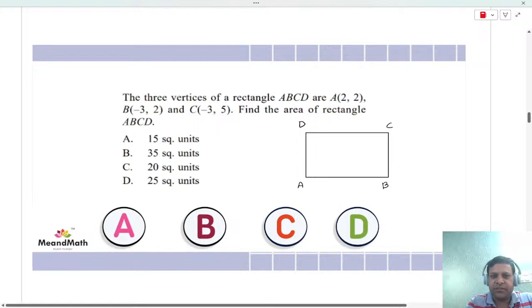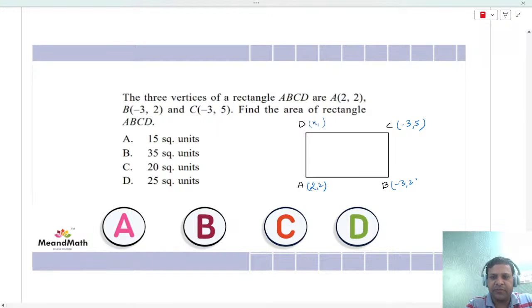Coordinates: comma 2, C is minus 3 comma 5, is x comma 1.